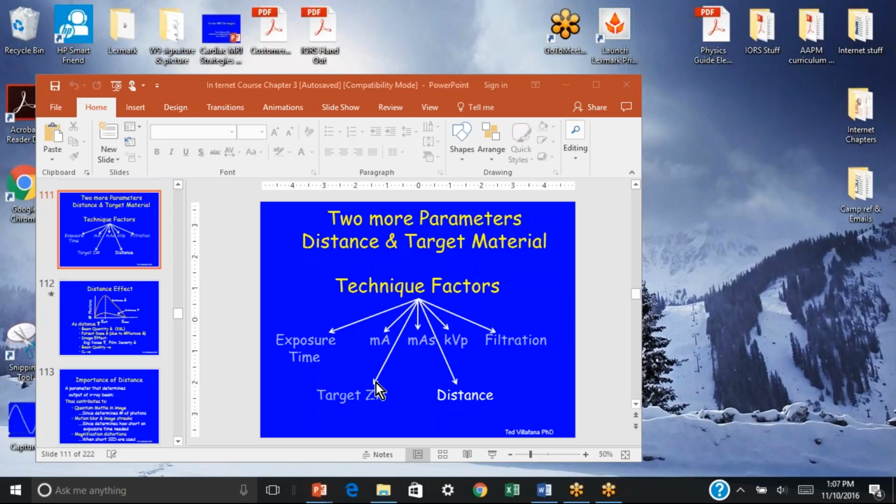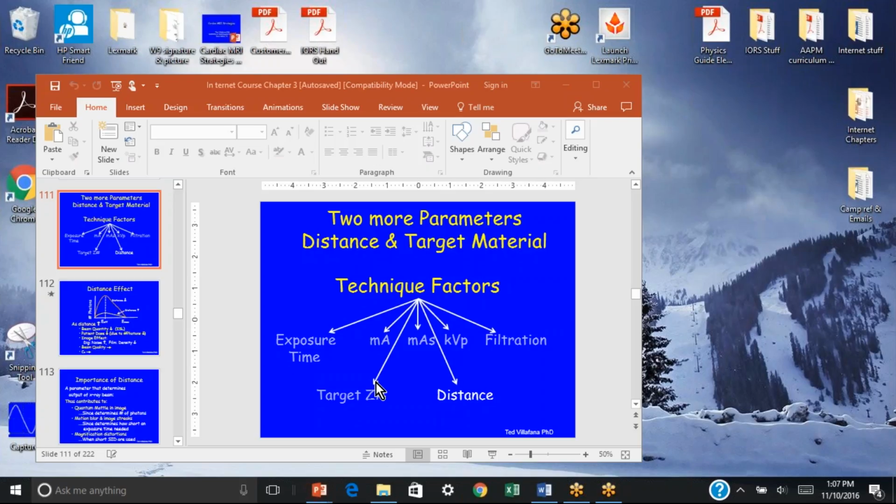If you remember, the standard atomic number Z is tungsten for CT, for radiography, for fluoroscopy, and now even tungsten is starting to be used in digital mammographic units. But classically, the mammographic units were using molybdenum and or rhodium targets.